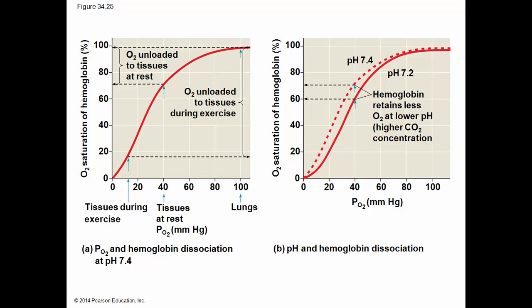This is on the left-hand side, diagram A. The curve shows the relative amounts of O2 bound to hemoglobin exposed to solutions with different partial oxygen pressure. At a partial oxygen pressure of 100 millimeters of mercury, typical in the lungs, hemoglobin is about 98% saturated with O2 at a PO2 of 40 millimeters of mercury.